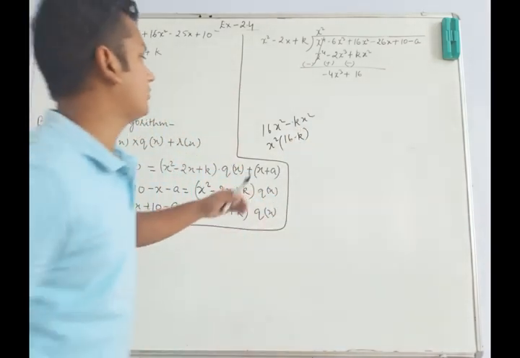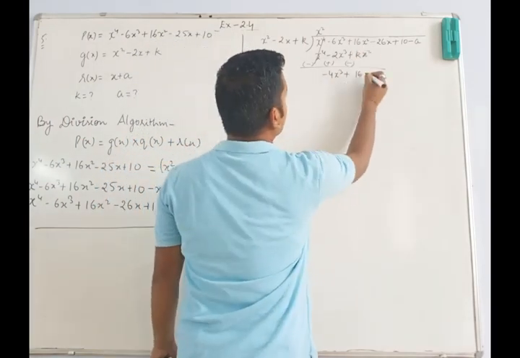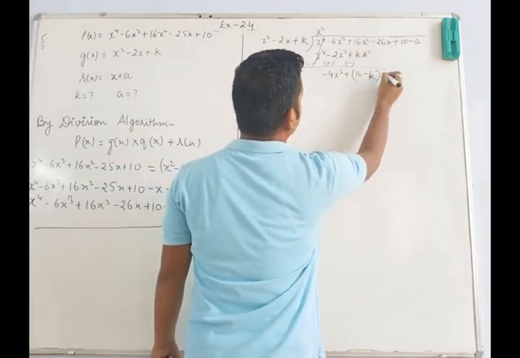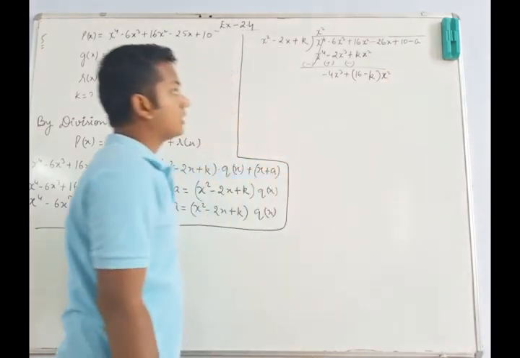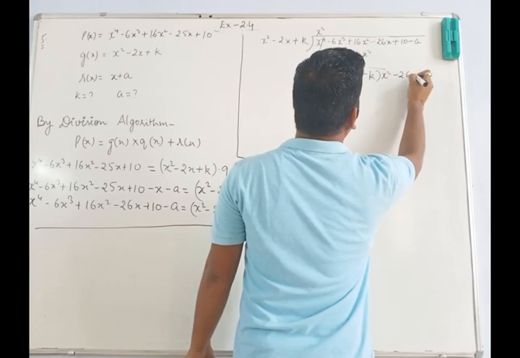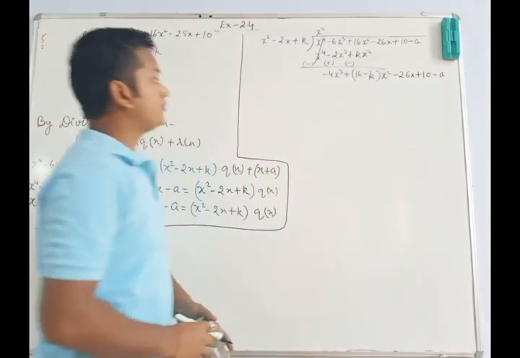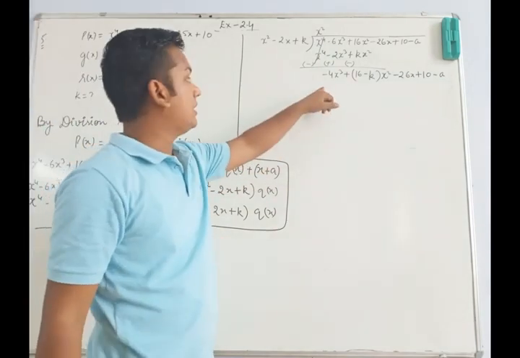So 16 minus k times x square, minus 26x plus 10 minus a.